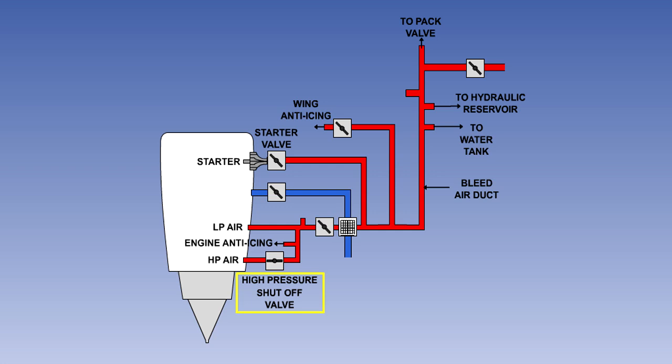This valve is pressure-sensitive and pneumatically operated. It is open when there is insufficient air pressure from the LP system to maintain the required flow. When this valve is open, HP pressure will close the non-return valve, NRV, shutting off the LP supply. As the engine speeds up, the LP air pressure will increase until it closes the high-pressure shutoff valve, so that, in most stages of flight, bleed air will come from the LP stage.